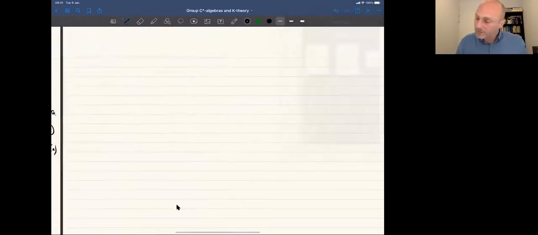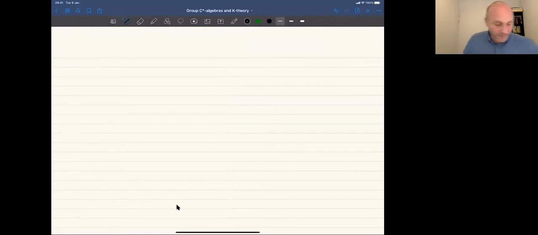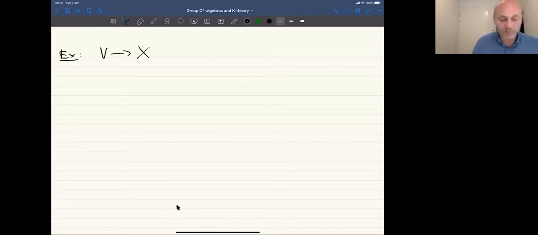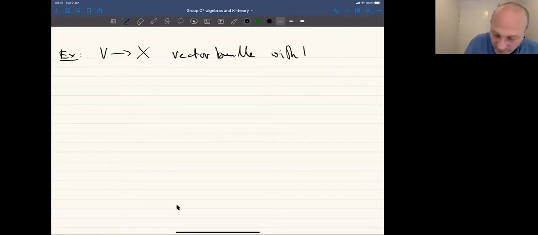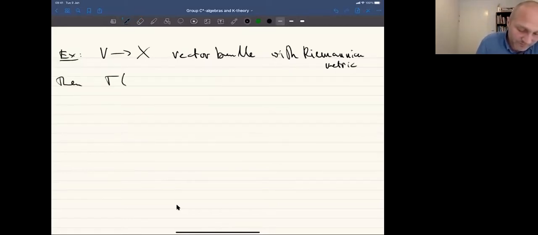Yeah. Now, of course, the first example is if I have a locally compact space and I have a vector bundle with a Riemannian metric, then the space of sections of this vector bundle carries an inner product.